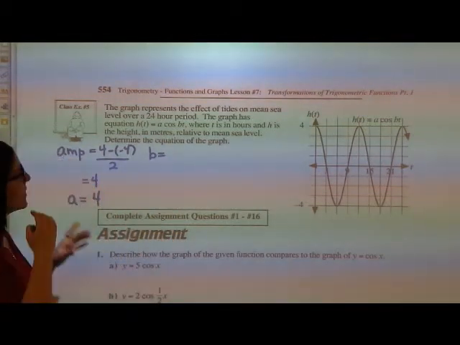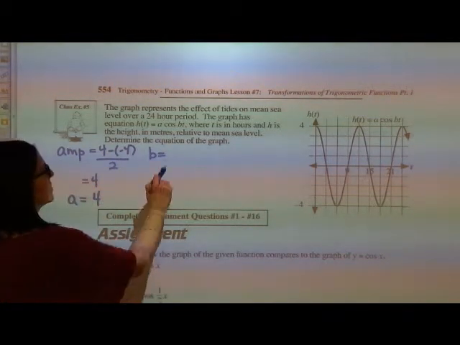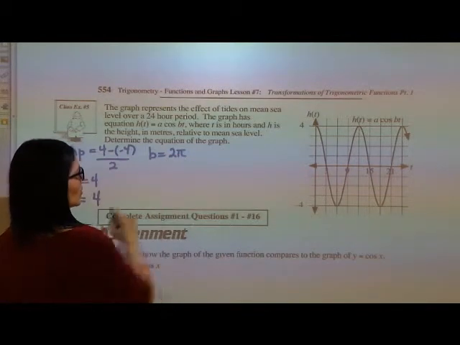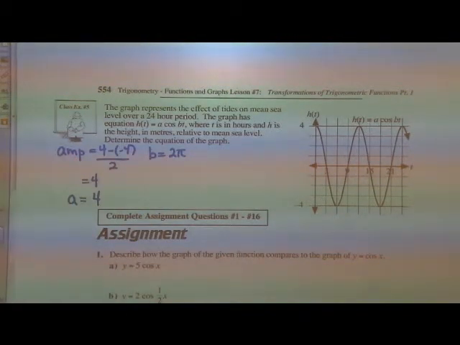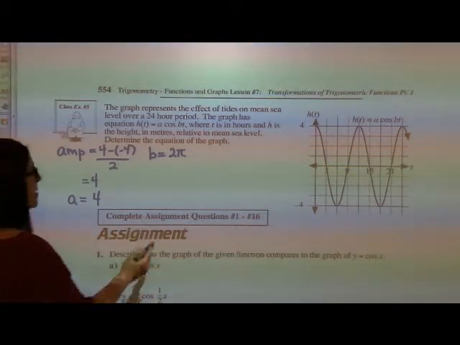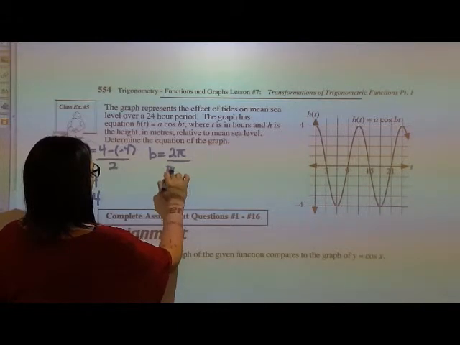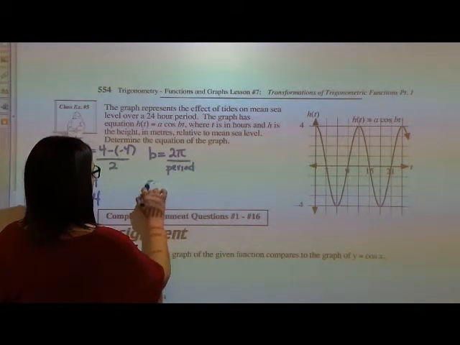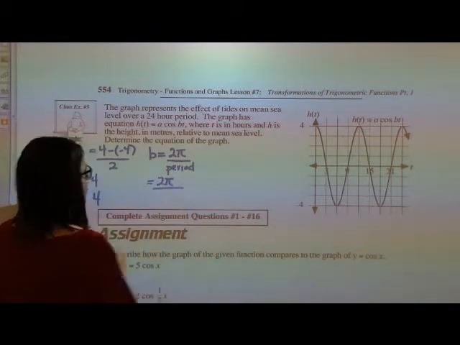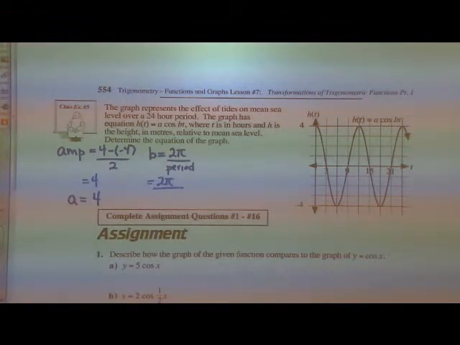In this graph, we're going to be looking at radian mode, because degrees doesn't really make sense. If t is time, radian ends up being a better measurement. So it's 2 pi divided by the period. What is the period of this graph? 12.